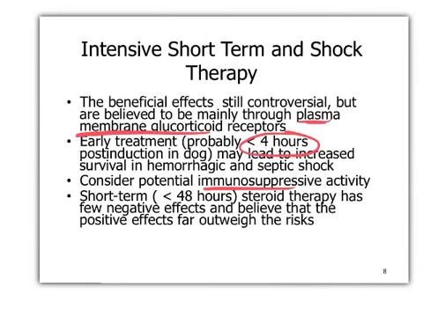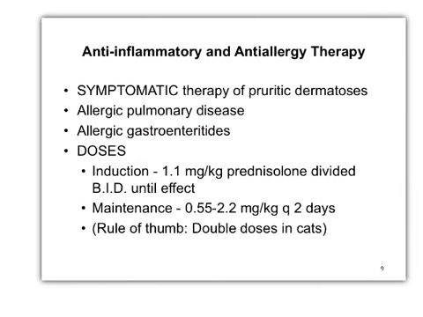Generally speaking, short-term therapy, less than 2 days of glucocorticoids, is going to have very few negative effects, and I think the positive effects in that situation will probably outweigh the risk. Of course, you need to give fluids. Fluid therapy is our most important therapeutic approach with shock.